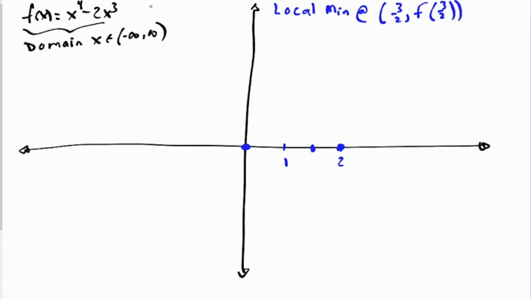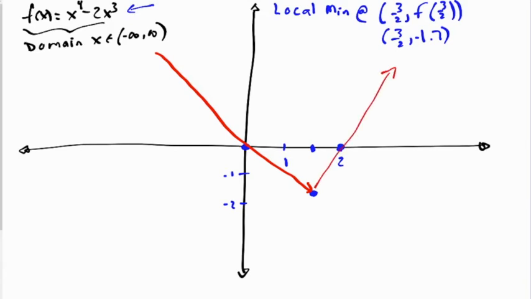And if we plug this 3/2 into f(x), we get a y-coordinate that is approximately negative 1.7. So this would be approximately the location of our local min. And based on the first derivative, it's coming down the graph from left to right and then going up. And I just drew straight lines because I don't know anything about the curvature of the graph yet.